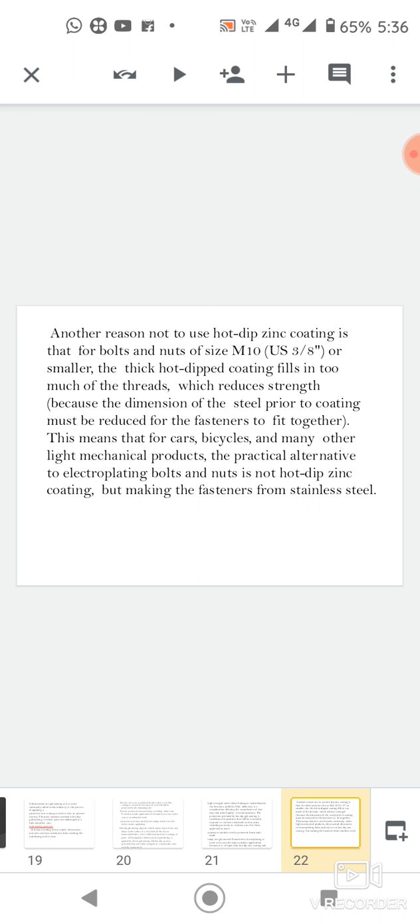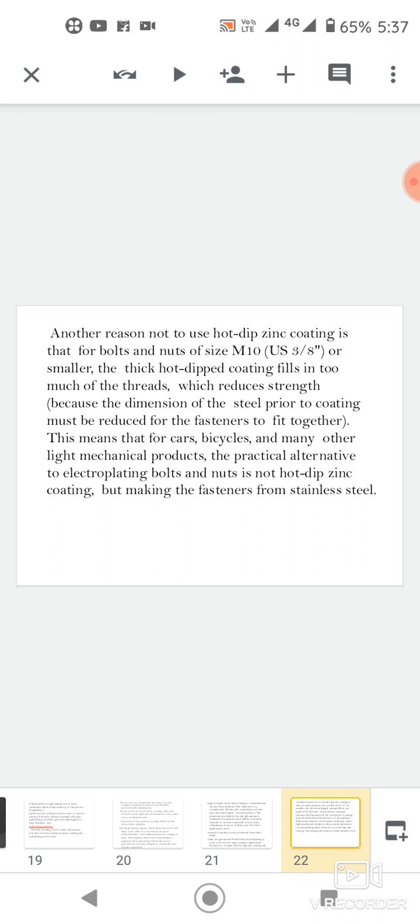Another reason not to use hot dip zinc coating is that for bolts and nuts of size M10 metric thread or 3/8 inch US or smaller, the thick hot dipped coating fills in too much of the threads, which reduces strength, because the dimension of the steel prior to coating must be reduced for the fastener to fit together.